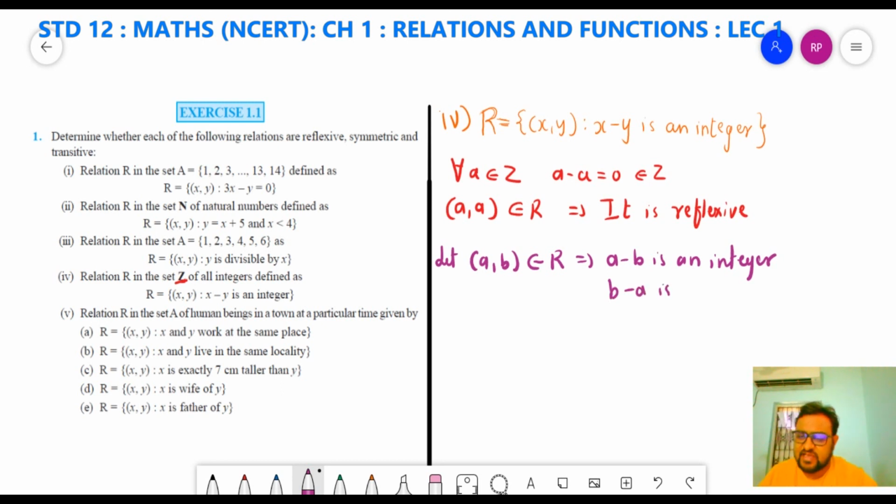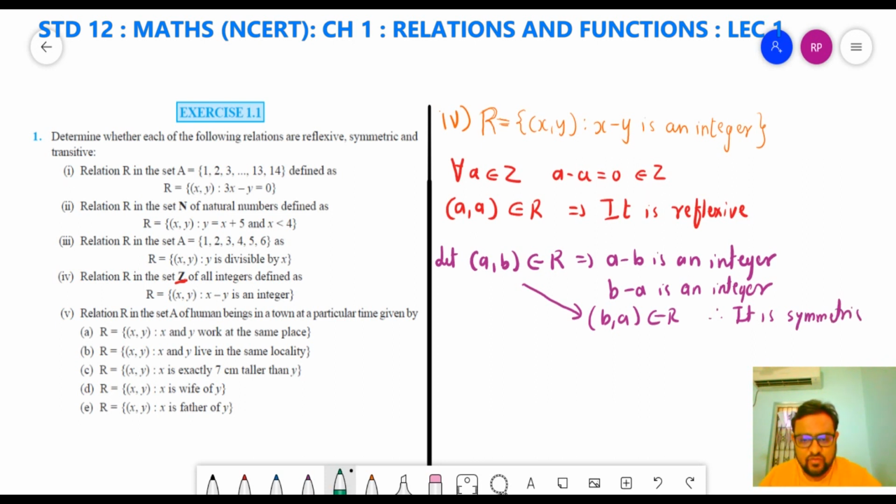It will just change the sign. If A minus B is positive, then B minus A will be negative. But both will be an integer, right? So B minus A is an integer. That means BA belongs to R. See, AB belongs to R, and we proved that BA belongs to R. Therefore, it is symmetric.